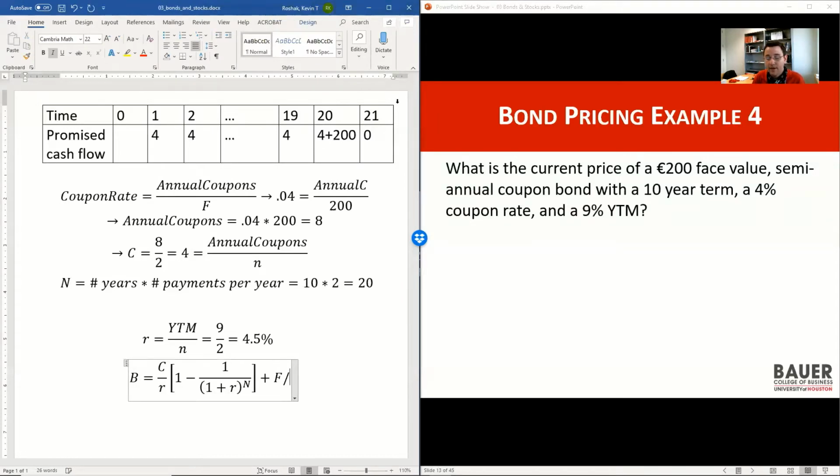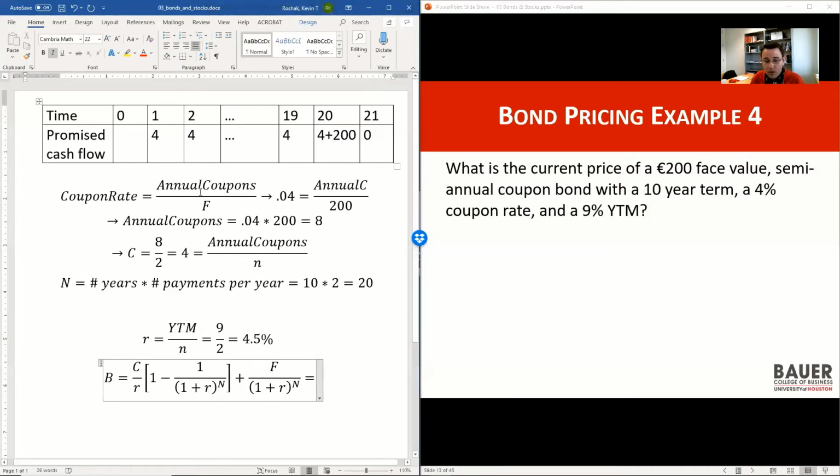Then we're going to add the face amount. So we did all this work already. We know what the coupon is. It's going to be 4. We know what the discount rate is going to be. It's going to be 4.5.